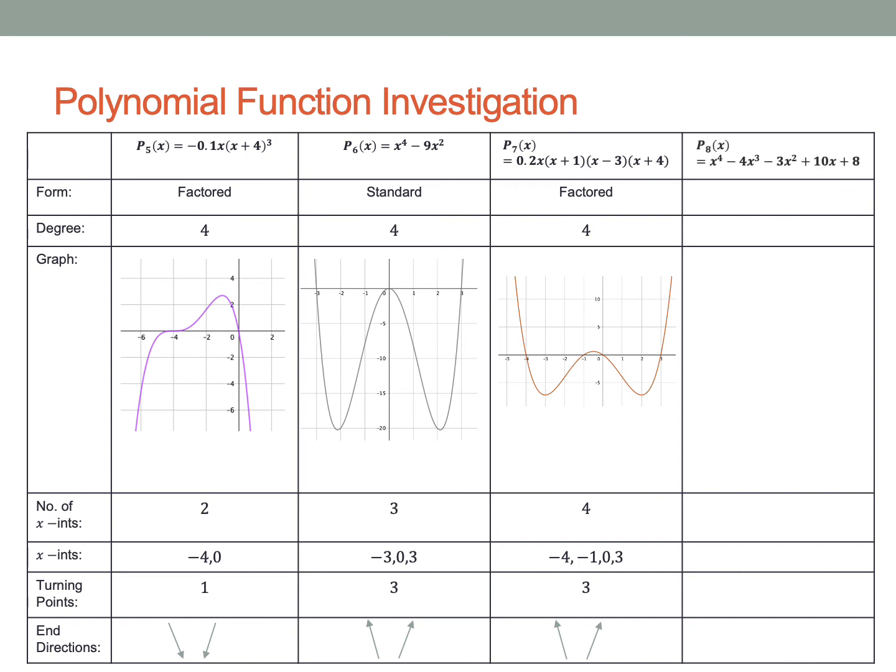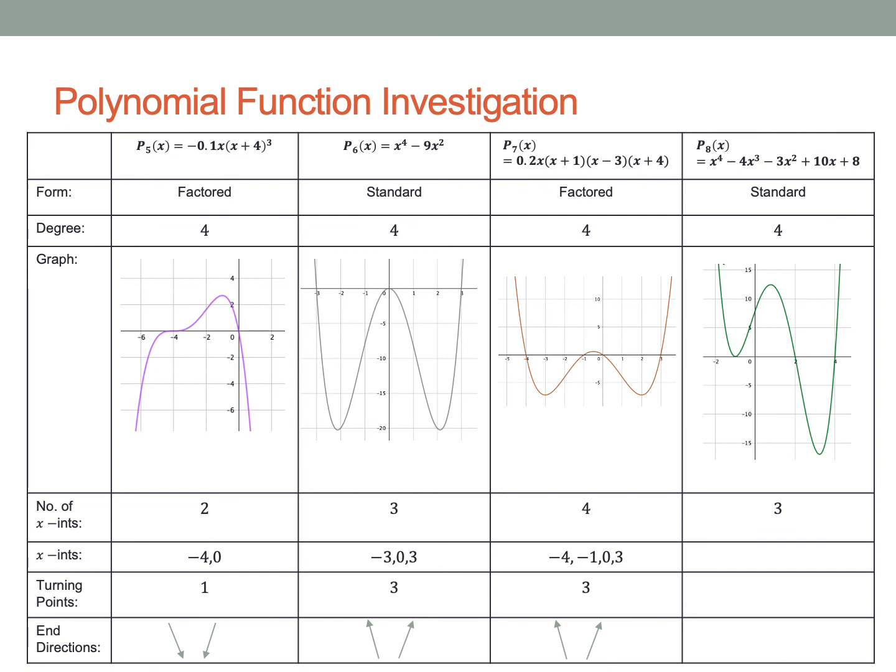Okay, last one. X to the fourth minus 4x cubed minus 3x squared plus 10x plus 8. Okay, so this is the first function we were talking about, standard form versus factored form. So this is in standard form. It's degree 4. Kind of a wobbly W. It has 3 x-intercepts.